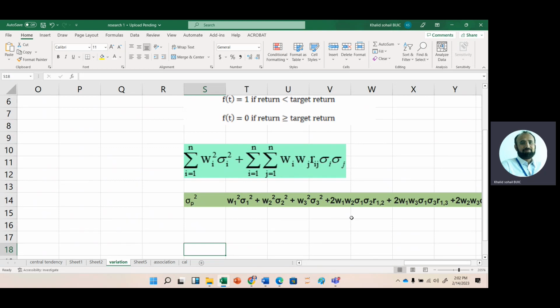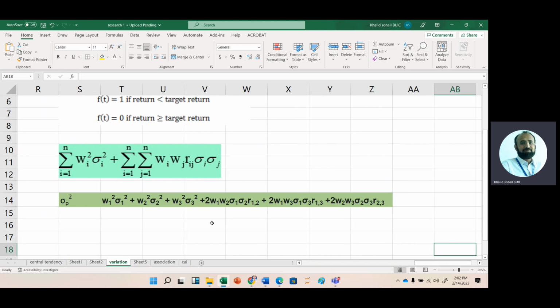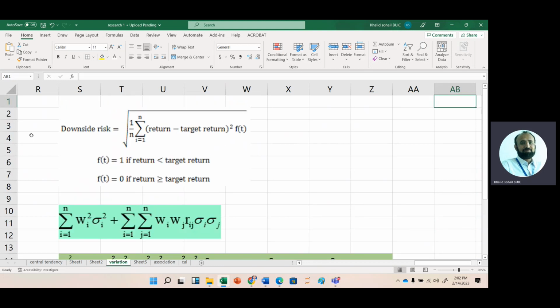If you open it, you will get this. For example, if in our portfolio we have 3 assets, or say 10 assets, then we should have 100 different combinations. You can see that video and learn how we can calculate standard deviation for a portfolio.